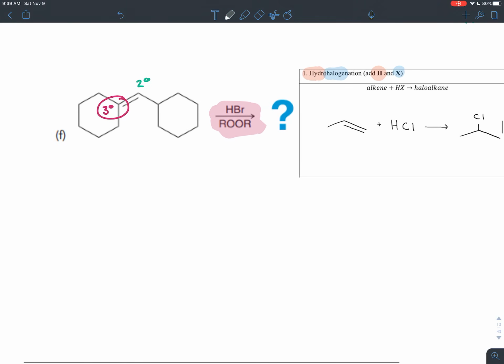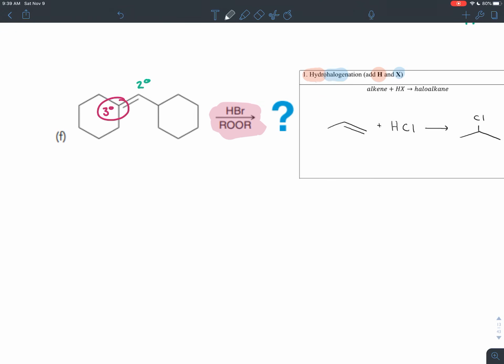But we know when we're doing hydrohalogenation, the sigma bonds don't change, it's just the pi bond that gets used. Those electrons get used to stick a new thing on the molecule. So we can still draw in all the sigma bonds. But now, the hydrogen will go on the more substituted carbon, because it's anti-Markovnikov addition.